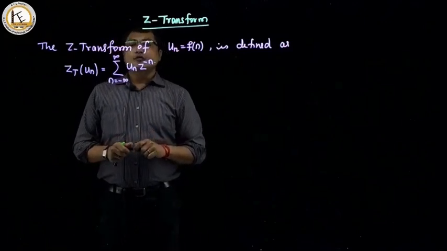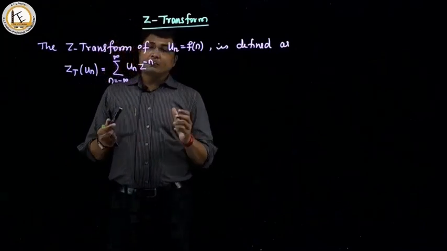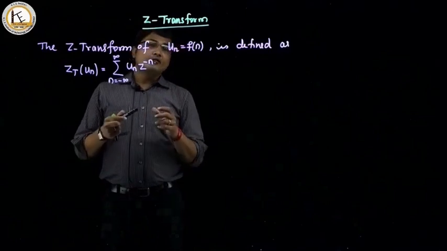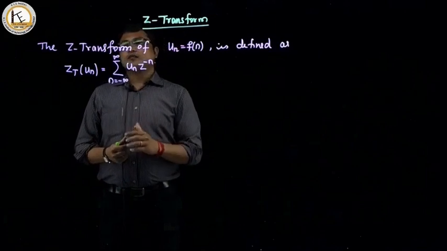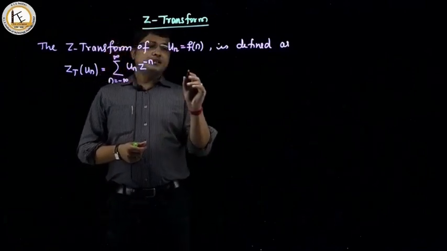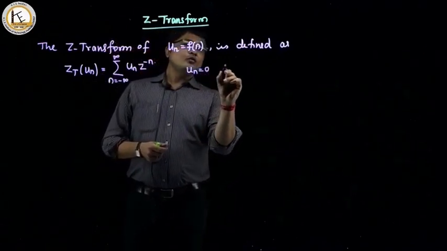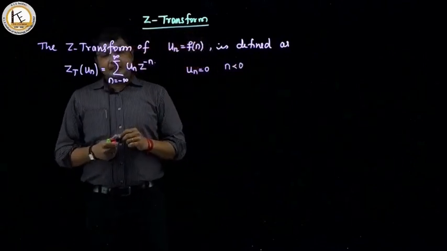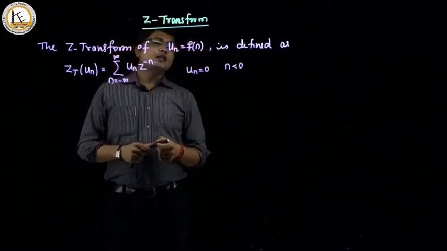So the summation of the product of the given function with z to the power minus n gives the series, and if the sum of the series exists, then we call that sum the Z transform of the given function u_n. But here u_n will be 0 for all values of n less than 0.